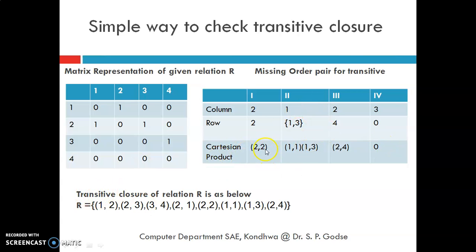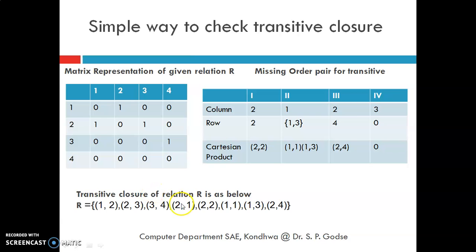After this, you can check which pairs are present in the relation R and which are not. Whatever pairs are missing in the relation R, we will add from the resultant Cartesian product pairs.